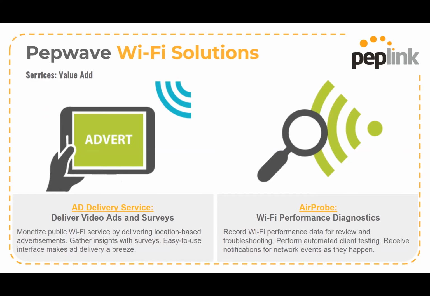It's usually free Wi-Fi. But they're also budget conscious. You can offer them a cost-based, advertisement-based solution to monetize and pay off for that investment through our ad delivery service. They can actually sell ads and run it through all the Wi-Fi being pushed out by Peplink APs to their consumers.